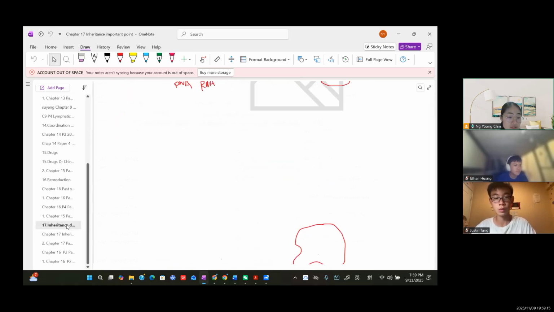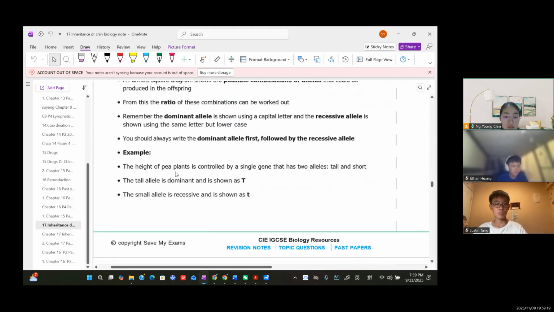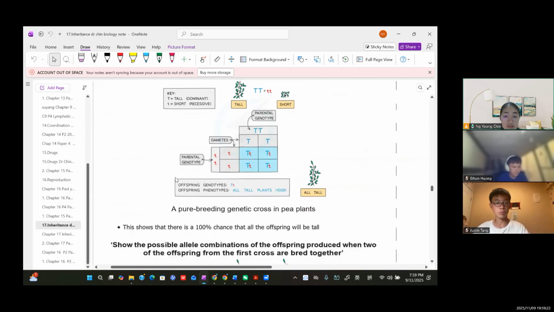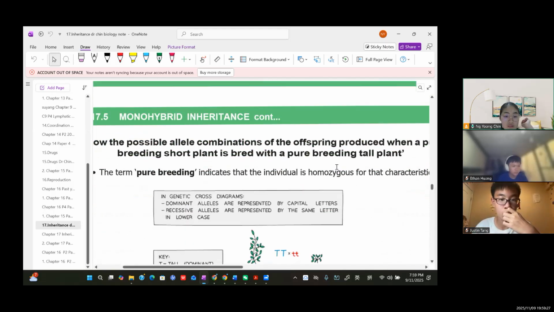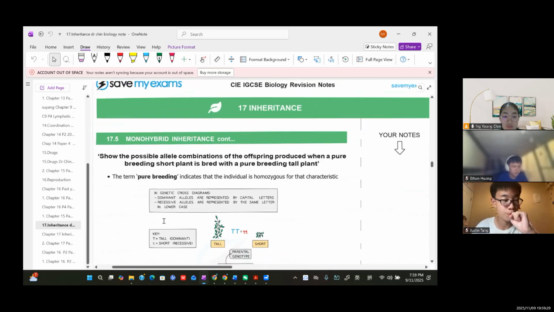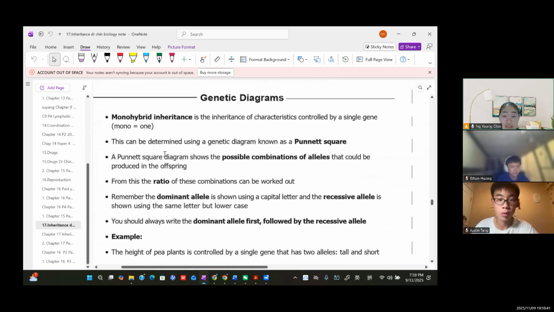So this is about genetic diagrams. A genetic diagram can be made using what is called a Punnett square. This Punnett square is a diagram showing the different combinations of alleles which could be produced in the offspring.